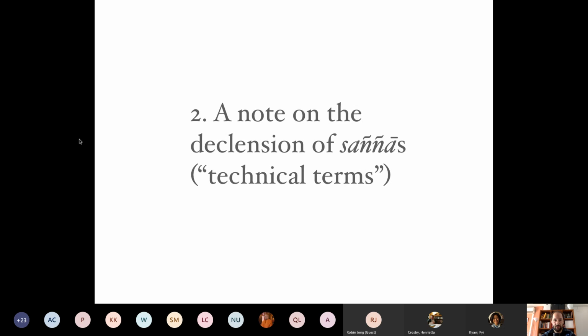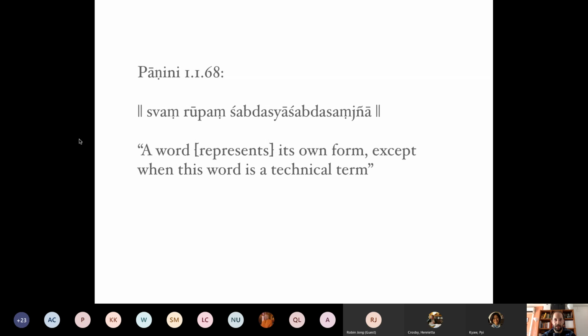But there are some specific issues with the grammar as a metalinguistic tool that we need to take into account. And they are discussed or described or presented in a very short statement from Panini. That's Panini 1.1.68. This is a Paribhasha Sutra from Panini that applies to the Kaccāyana and applies to basically any grammatical system from India.